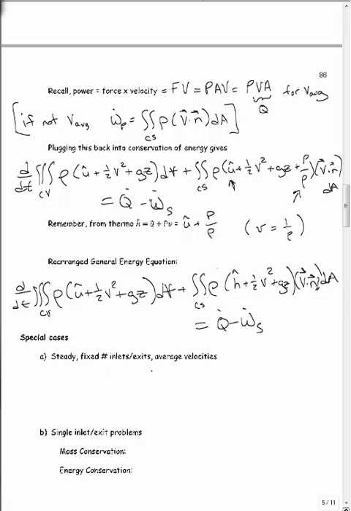Fixed number of inlets and exits means we're going to break this up into summations. And as long as V is not changing, if we're using V average, we can simplify that as well and get that m dot in there.